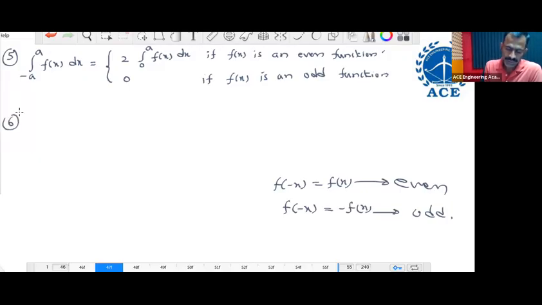Sixth one. Integral 0 to a f of x dx. So we try to write this integral also in 2 ways, just like above.